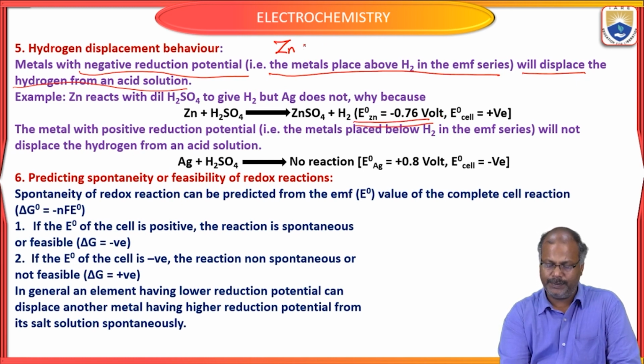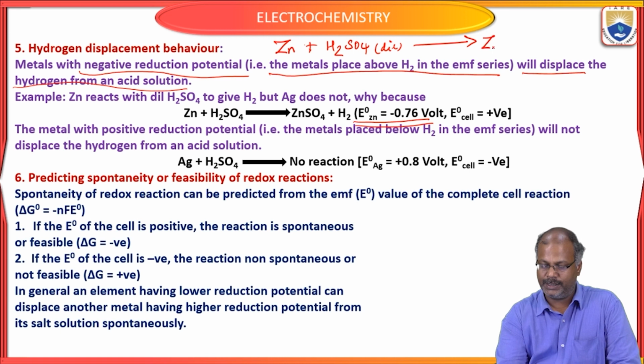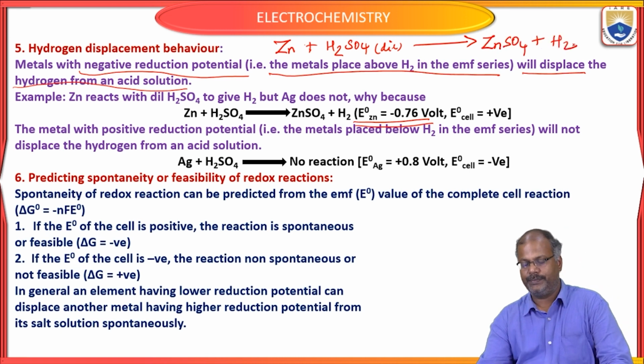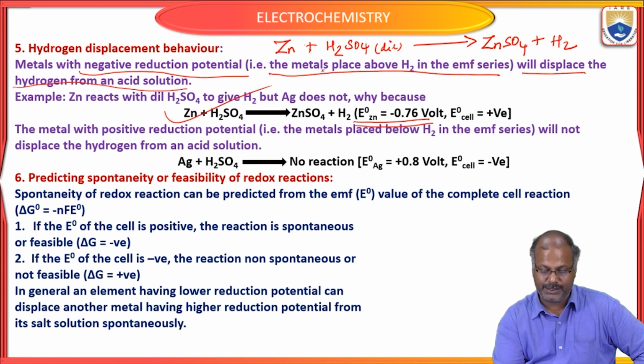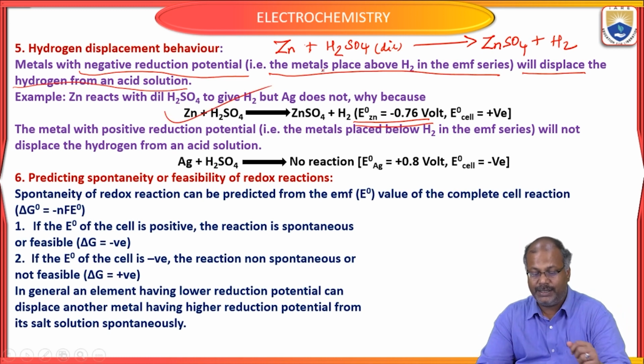So zinc plus dilute H2SO4 gives ZnSO4 plus H2.